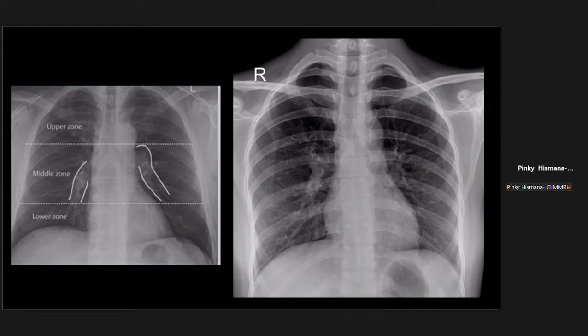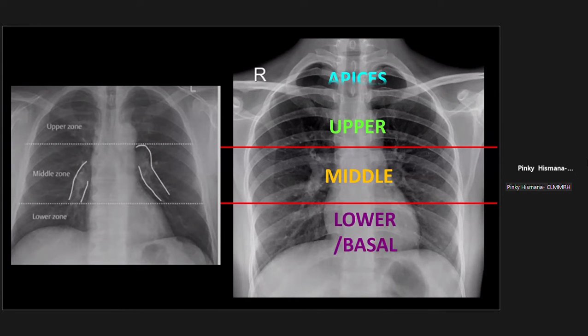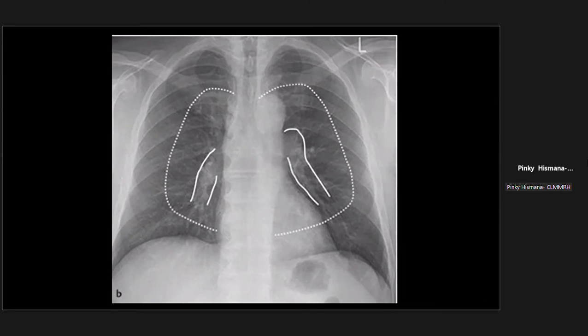That's the level wherein we divide the upper zone or lower zone. That would be the reference point. So upper, middle, lower zone, or basal. Then we have the apices. Usually the apices of the lungs would be around the level of the first to second intercostal spaces, or involving the thoracic inlet, the part of the lungs which is seen at the thoracic inlet.